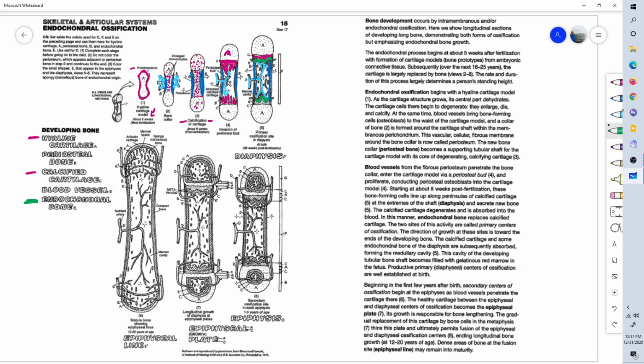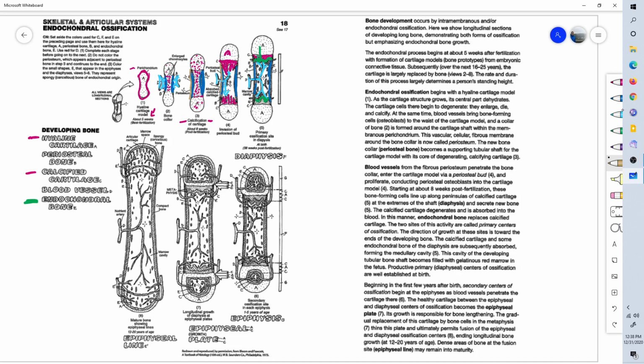Endochondral: endo meaning inside of the cartilage, or on this side of the cartilage. And periosteal bone. This bone here that was laid down on the sides is called periosteal bone because of course of the thin layer periosteum that lies right outside, and that's going to become very important.